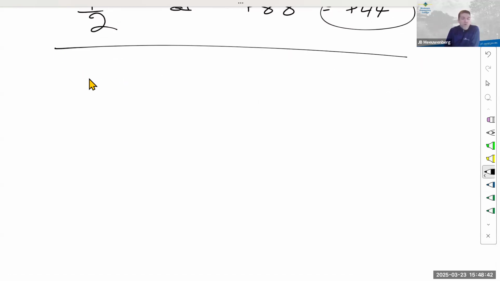So let's say that you take a test and you get 47 out of 60 questions right on a test. So there's a fraction there, but maybe your grade is going to be stated as a percentage. And so you want to know, what is this approximately as a percent?